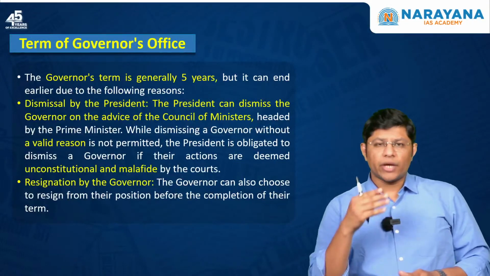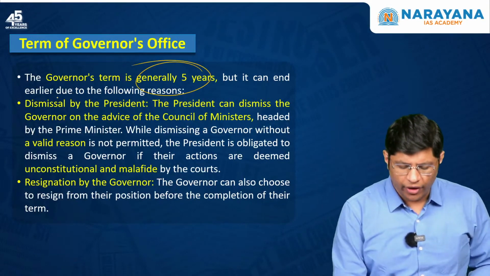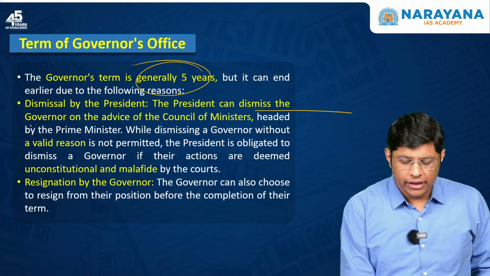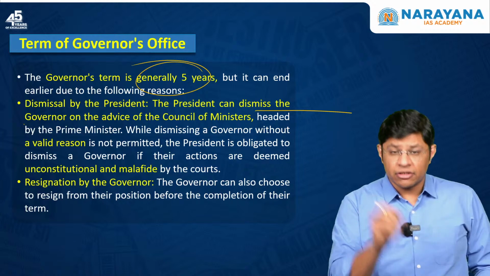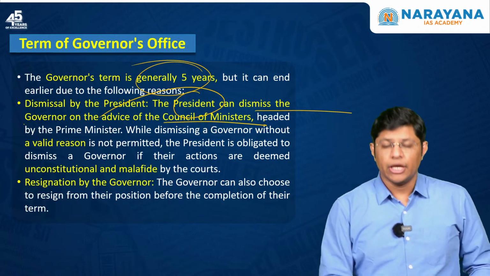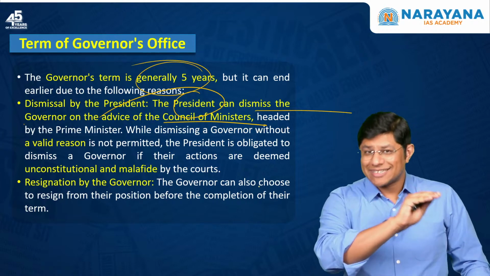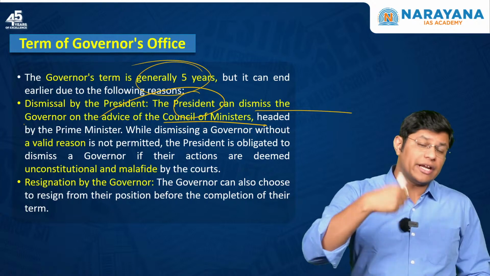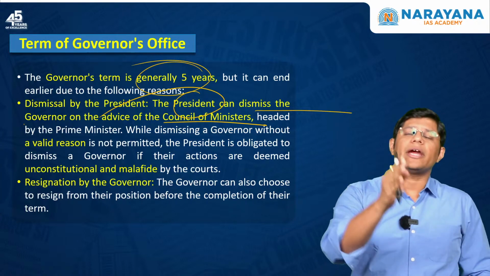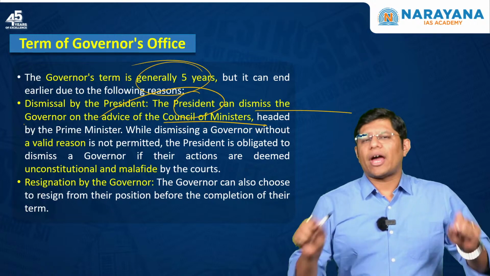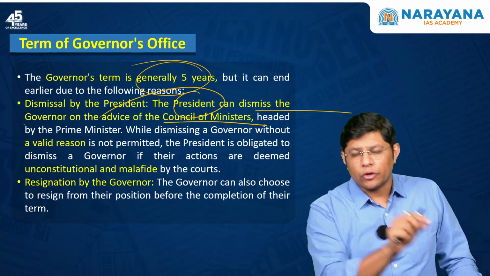Now, the term of the governor's office is generally 5 years, but the governor can also be dismissed by the president on the advice of the council of ministers, which means this is not the discretionary power of the president. Without a valid reason, the president cannot dismiss a governor.